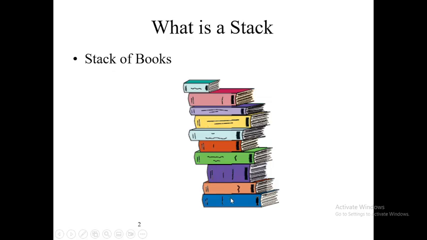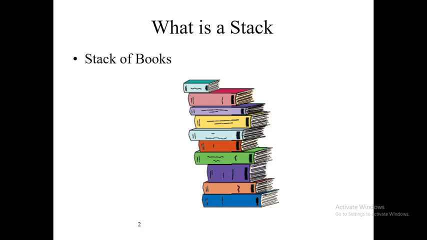We keep the books one by one, on top of one book you place another book, and you repeat this procedure. If you have any structure like this, you call it a stack. In this case, these are books, so we call it a stack of books. Sometimes it may be some other items, but if it follows this kind of structure, you call it a stack.